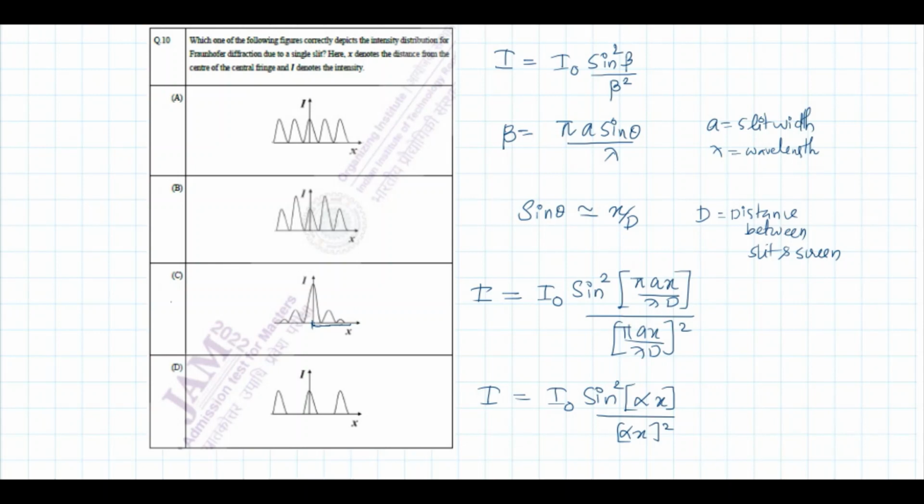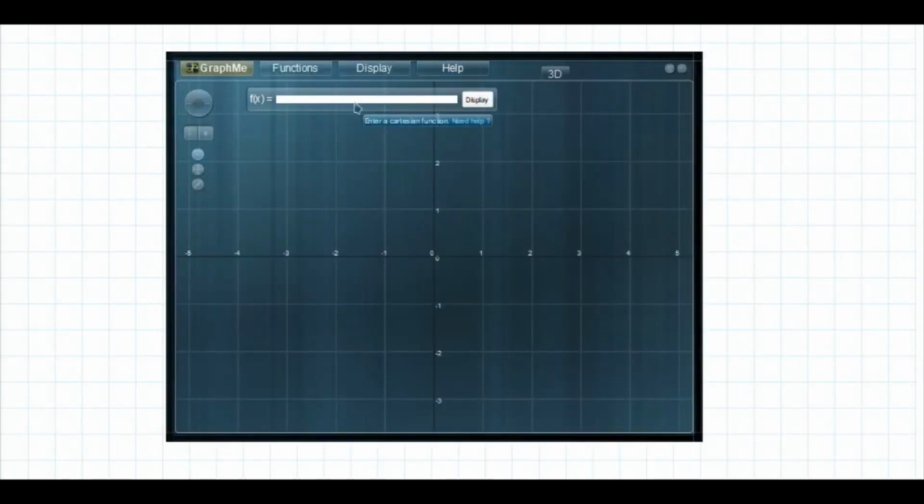And what is the plot of this function? I will plot the function for you. Let me take the value of I0 as say 2, and alpha as 1, so 2 into sine 1x divided by 1x the whole square.